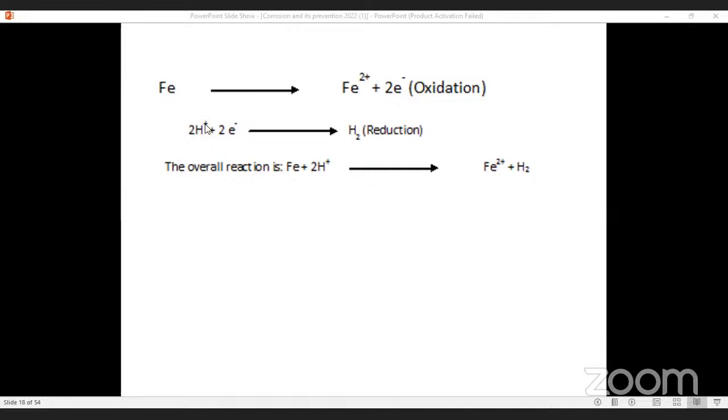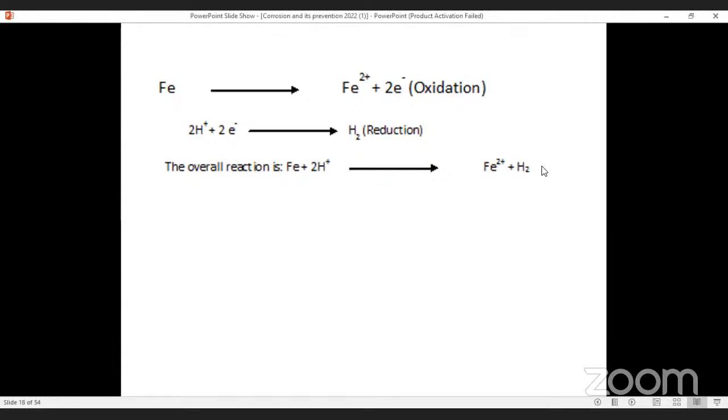Here the oxidation state goes from +1 to 0, which means reduction, or gaining of electrons. Both oxidation and reduction take place, which is why we call it electrochemical corrosion. Therefore, the overall cell reaction is Fe plus 2H+ gives Fe2+ plus H2.